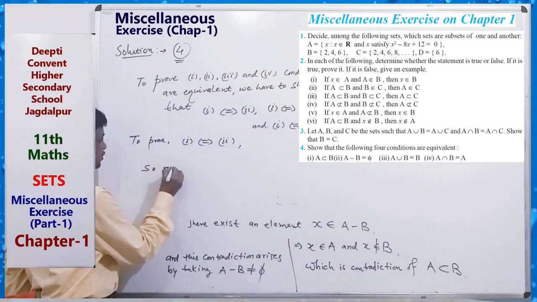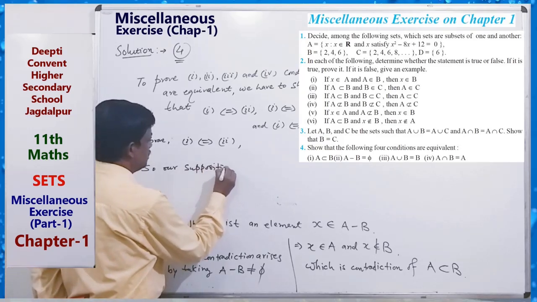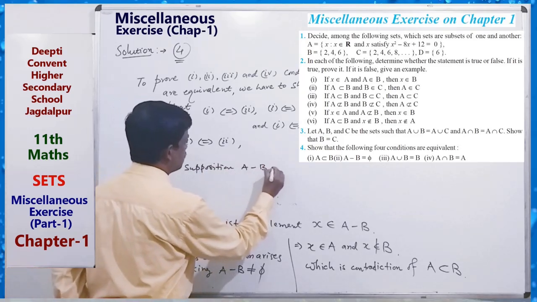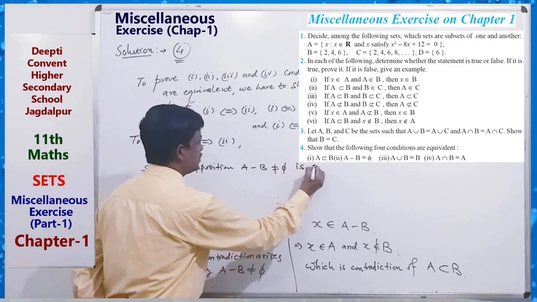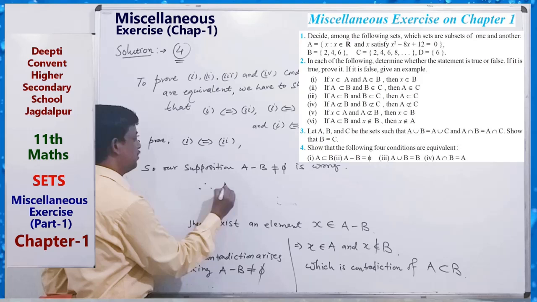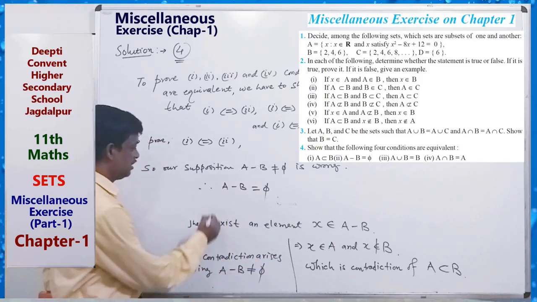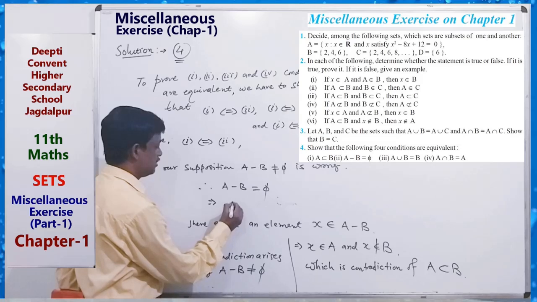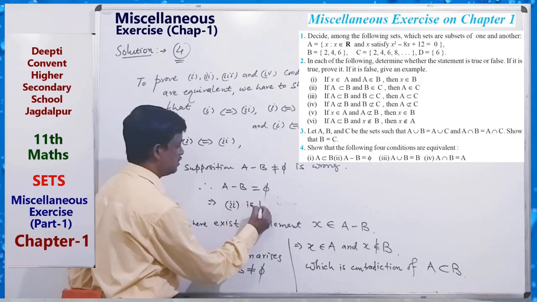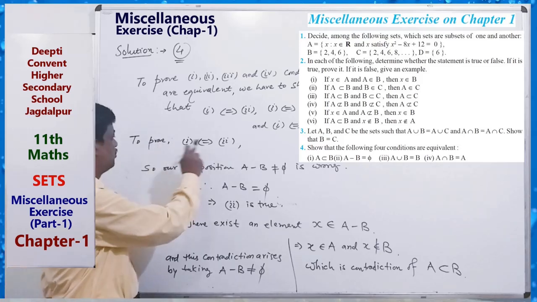So our supposition A minus B equals to not phi is wrong. Therefore, A minus B equals to phi. That is, second is true. So first part is proved.